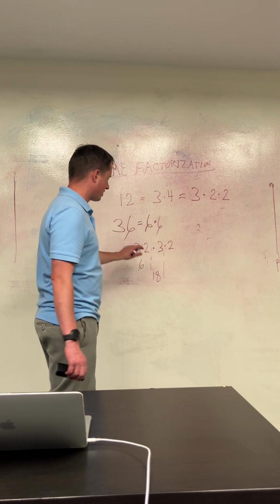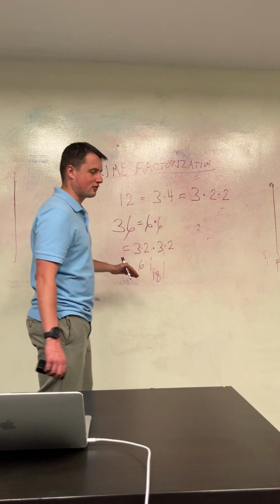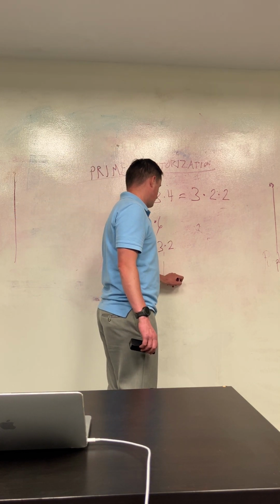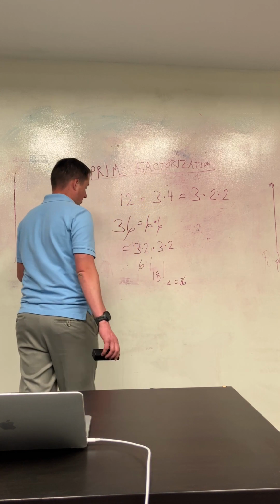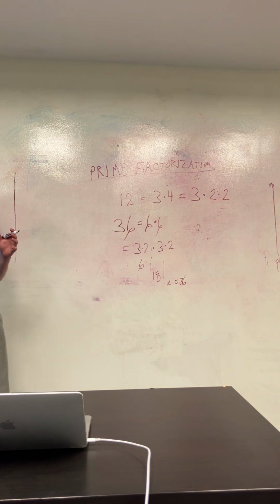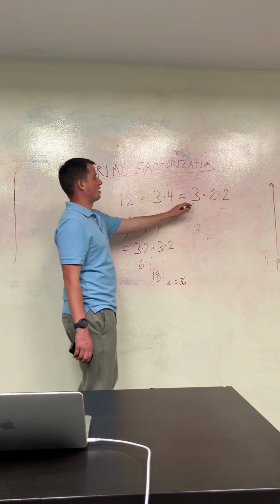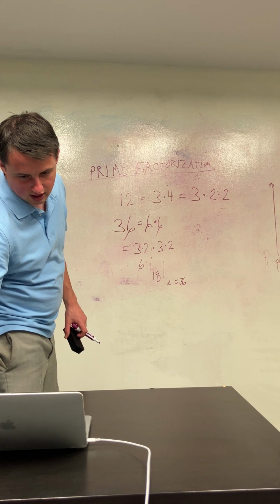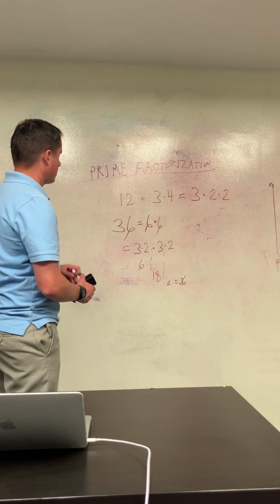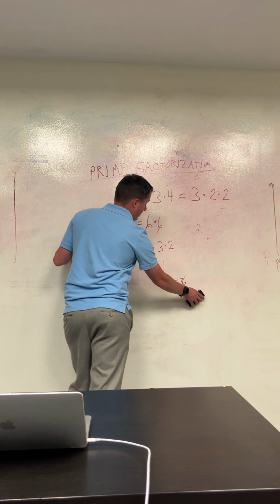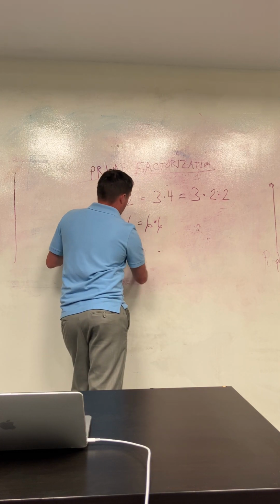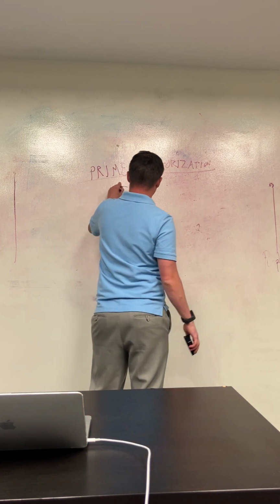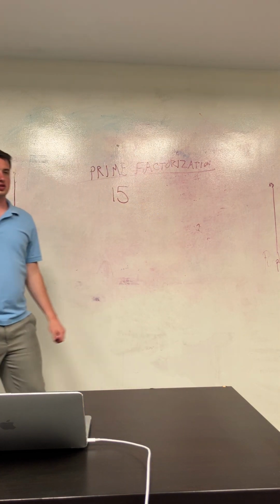This isn't a proper way to write it, I'm just hoping you understand what I'm doing. Prime factorization uses only prime numbers to write the number. It's usually just going to be 2s and 3s, it might be another number. Why don't you all try the prime factorization of 15? Let's try that one.